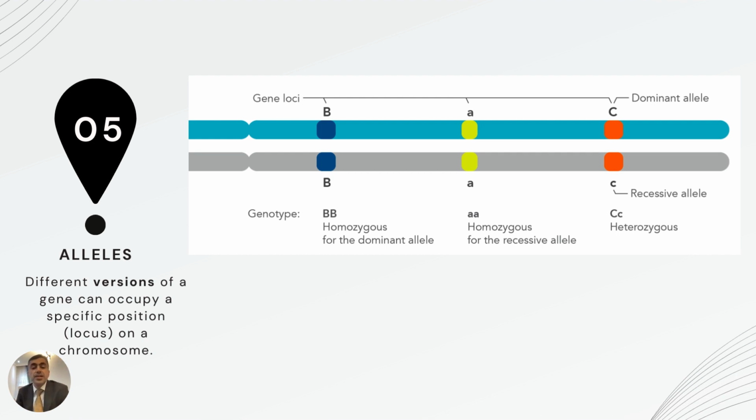Now, chromosomes contain DNA, DNA contains genes, and different versions of a gene are called alleles. Different versions of a DNA sequence or a gene are called alleles. Sometimes alleles may be homozygous or heterozygous. It depends.